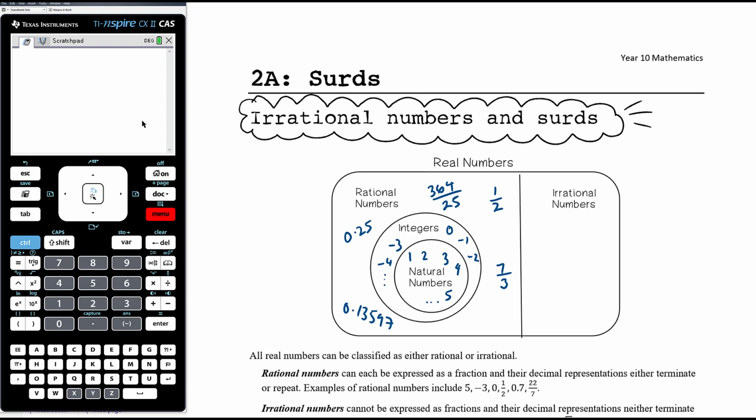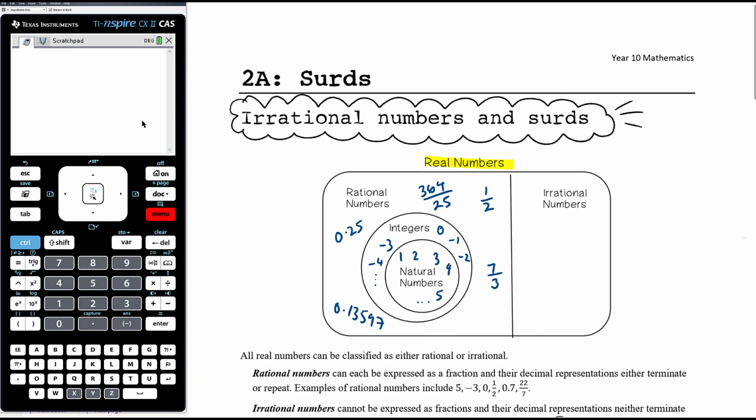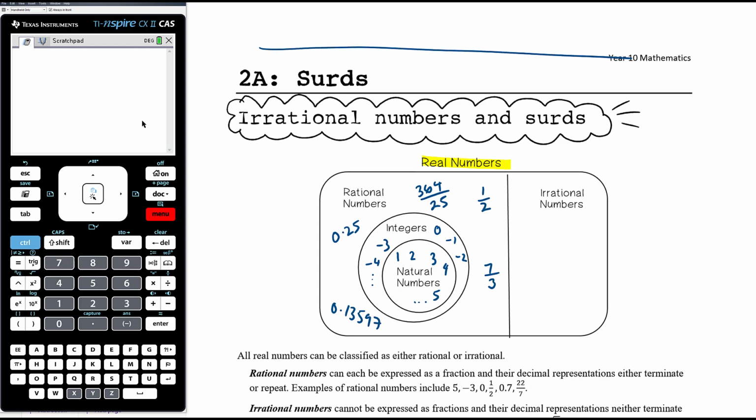Okay, so then if we think about this idea of real numbers, when we draw a number line, 0, 100, negative 20, whatever it might be, we can mark a point at any point on this number line, and it's a real number. This is the real number line. Now, you might say, what are unreal numbers?